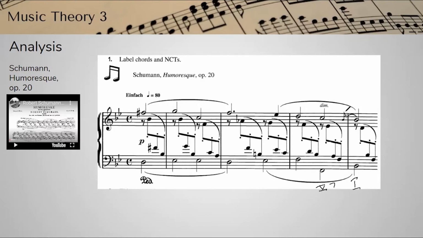Okay. Now, we do want to identify any non-chord tones, and there is a little one here, and that is the fact that this grace note is to the left of the bar line, which means it happens while the 5-7 is sounding. So we could identify this B flat as a non-chord tone, and we'd call it an anticipation because it anticipates the B flat that comes in the 1 chord following this.